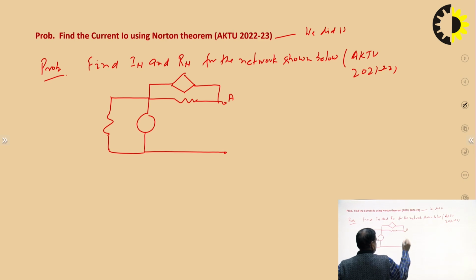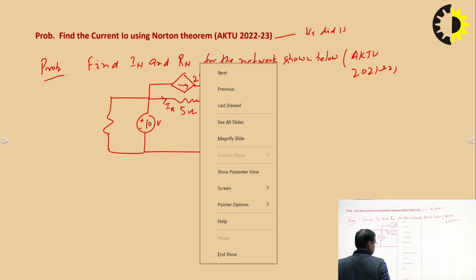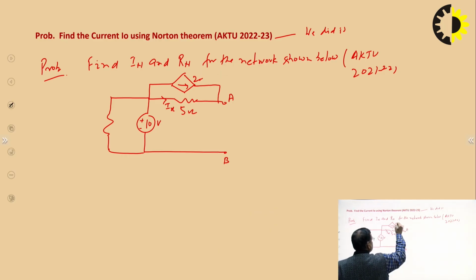This is your AB terminal, this is your voltage source 10 volt, this is your 5 ohm, this is the IX, the controlling current, and this is a dependent source 2IX. So it is a current controlled current source depending on the current of this branch.